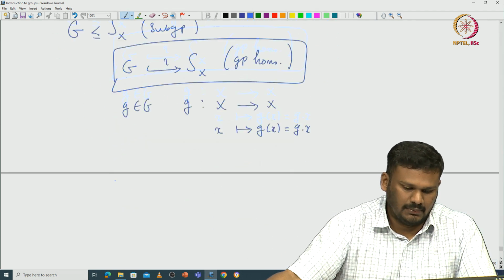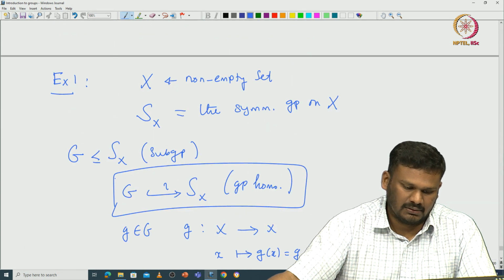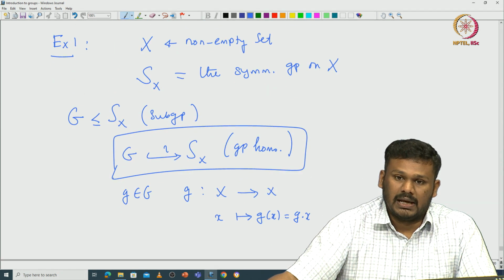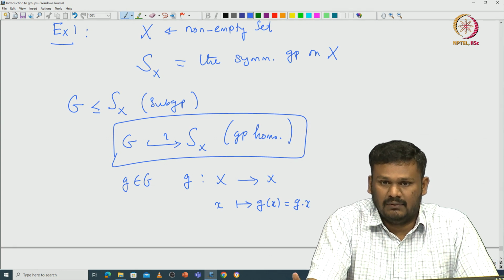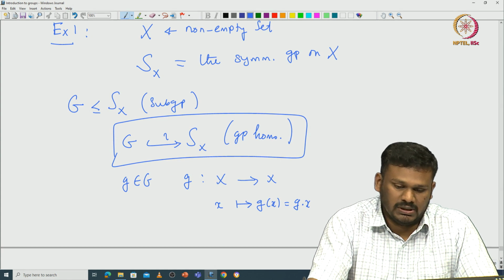Okay, this is one example which will be used later when we restrict to X being the finite set 1 to n. For example, one can prove that given any permutation on 1 to n, it will have what is called a cycle decomposition using this action.